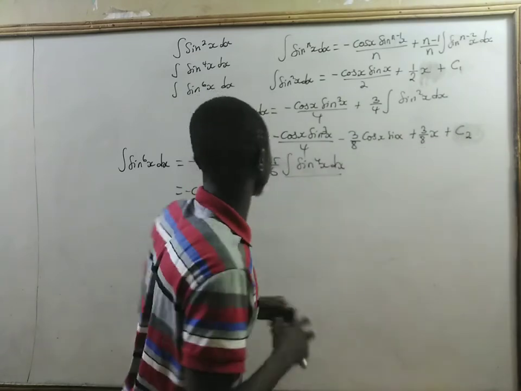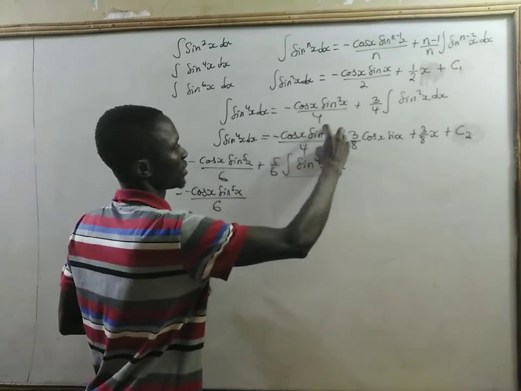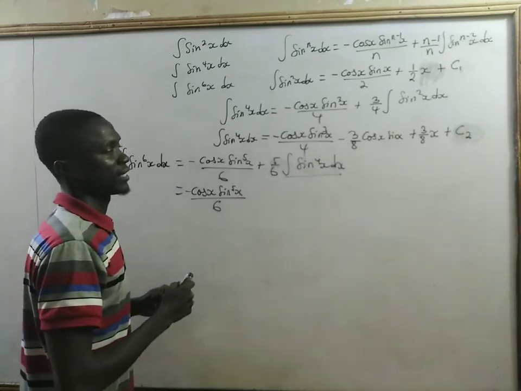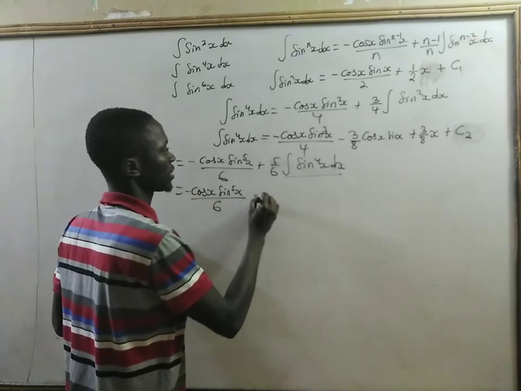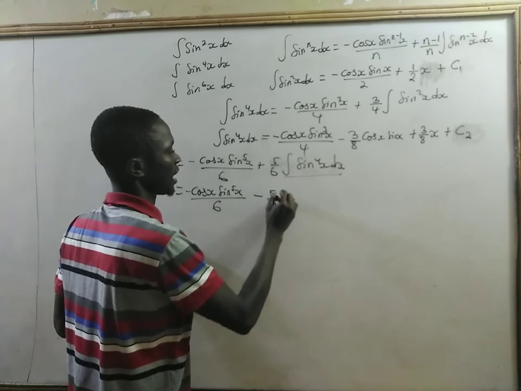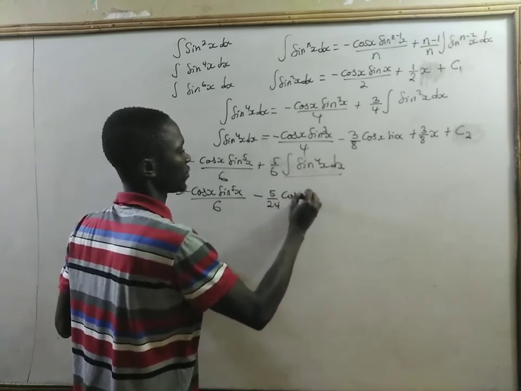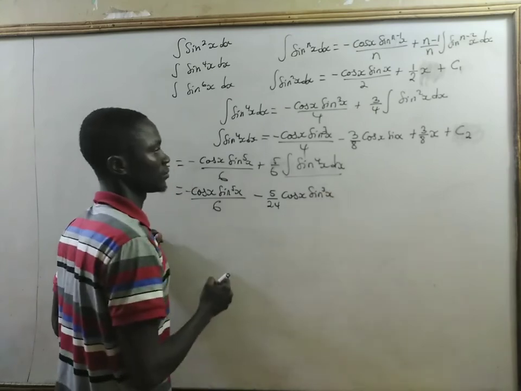That's good. So 5 on 6 times negative cosine of x times sine cube of x divided by 4 will give me minus 5 on 24 times cosine of x times sine cube of x.